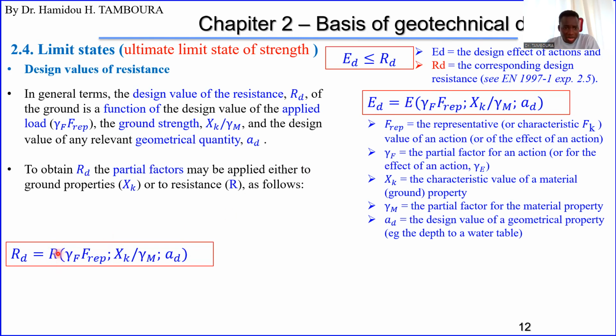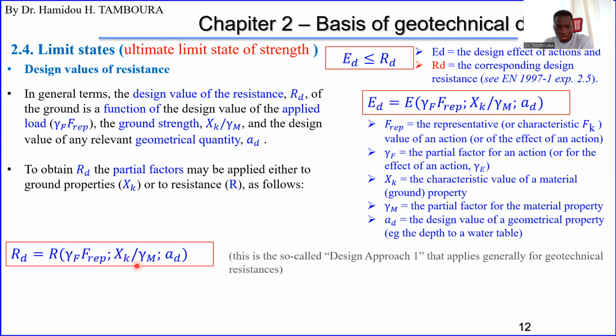But here, we are taking the total resistance, multiplied by some partial factor. So we can have this form, this also design approach one, applied generally for geotechnical resistance.